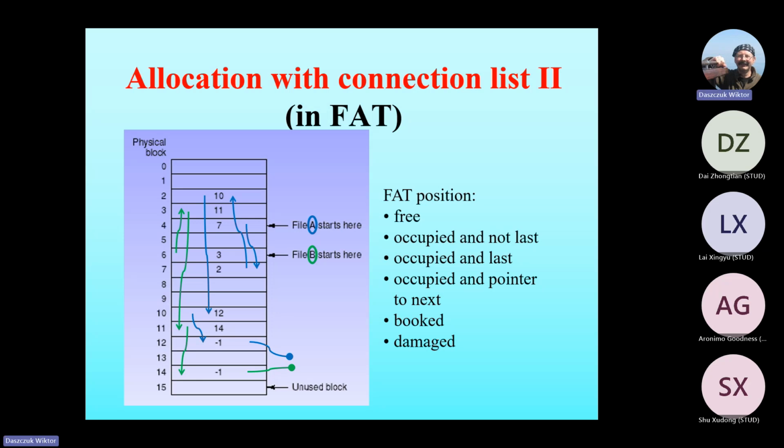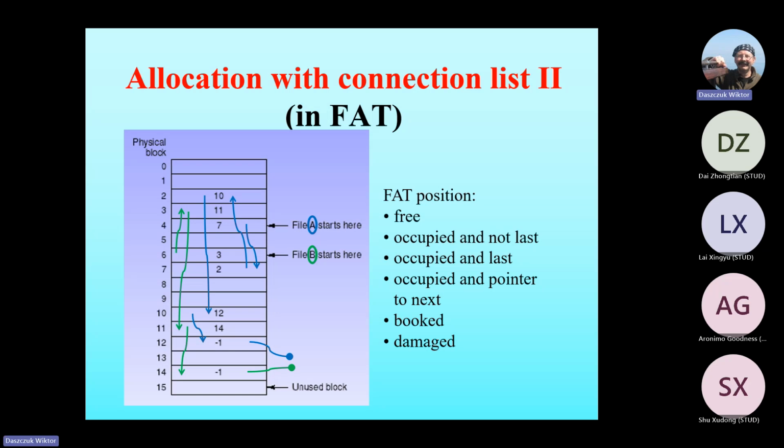Typically, such a disk repair utility converts this chain of blocks to a file, giving it a name, for example, file 0001. And the user can look at the file and decide whether to cancel it or to keep it and give it a proper name.